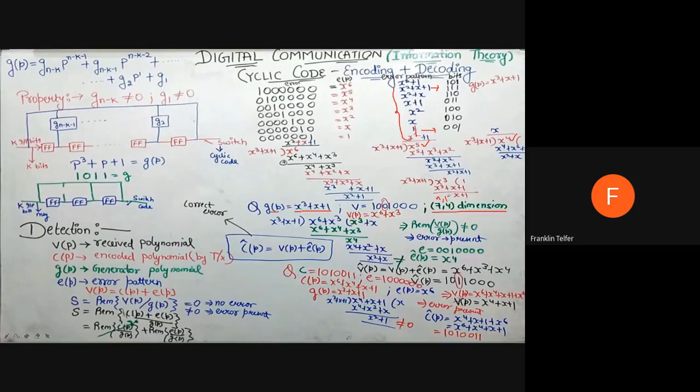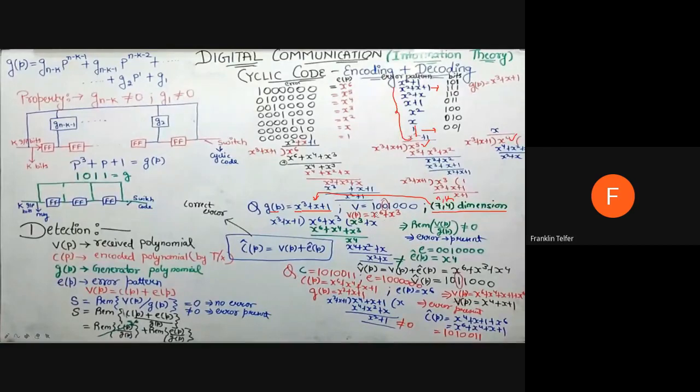This is n comma k. Okay, k is the number of message bits, n is the number of digits. So n is 7, k is 4. So under 7 comma 4 there is a constant generator polynomial function. You will see that in the upcoming slide. It's already given as x cube plus x plus 1. This is constant, already derived for the dimension 7 comma 4.